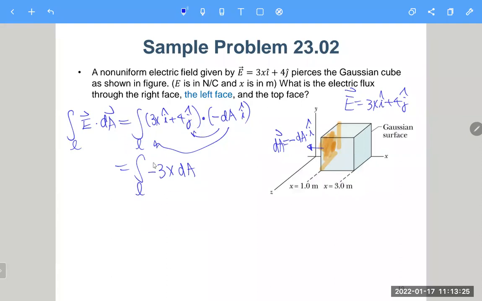So in this case, we have negative 3, but here x is 1 meter for this surface. We times 1 here, and still the area is 4, 2 squared. So finally we have negative 12 newton meter squared per coulomb.